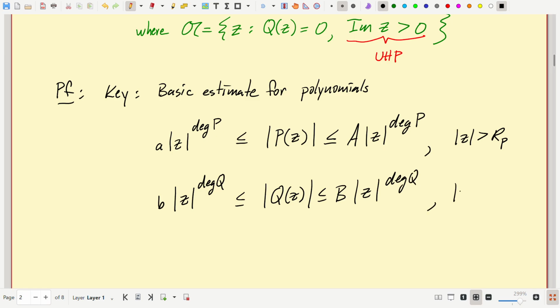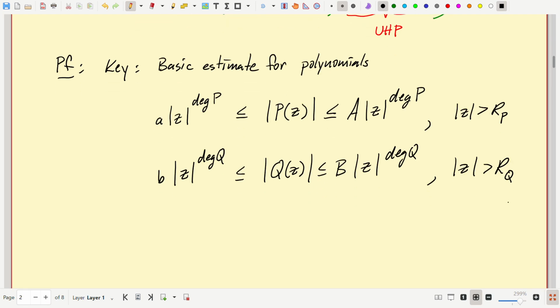And that would be true when the mod z is bigger than some radius that might be different for the q one. And when we're going to do this, we're going to have p in the numerator and q in the denominator. And so I'm going to want to use the numerator estimate. This is my numerator estimate for the p. And this is my denominator estimate for the q.